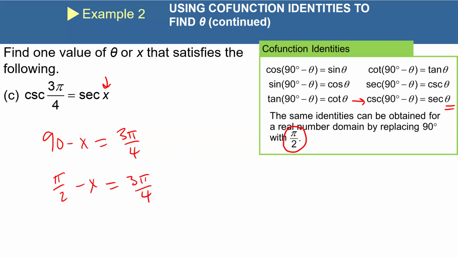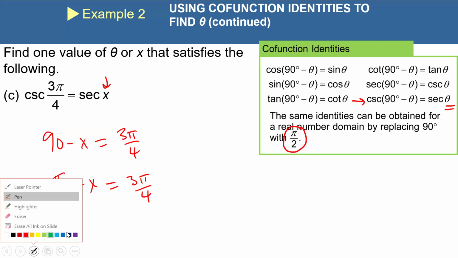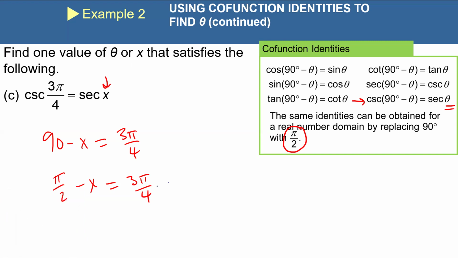And how would we evaluate that? We subtract the pi over 2. So minus pi over 2 to cancel it out over here. So we're left with negative x equals. This is where you can do a little quick chopstick, right? 3 times 2 is 6, minus 4 times pi is 4, all over 4 times 2, which is 8.